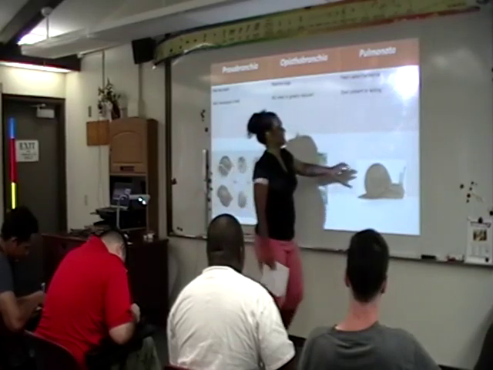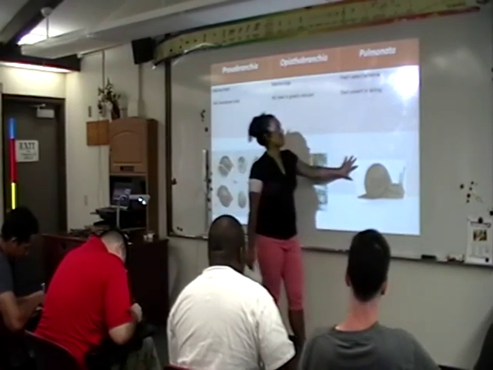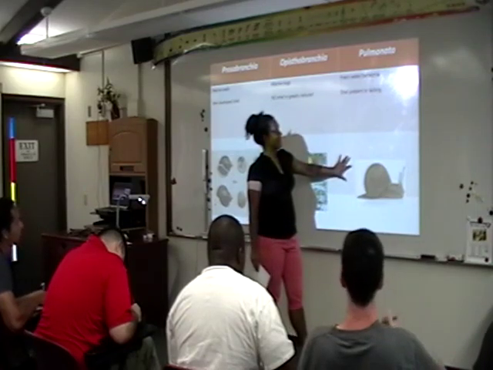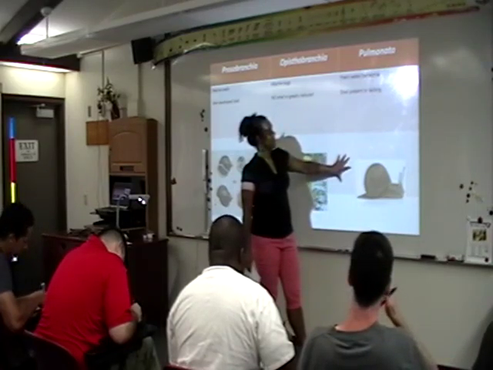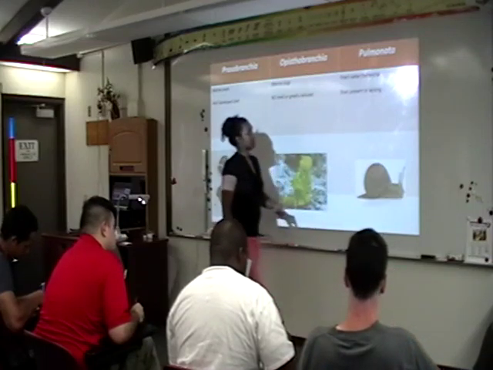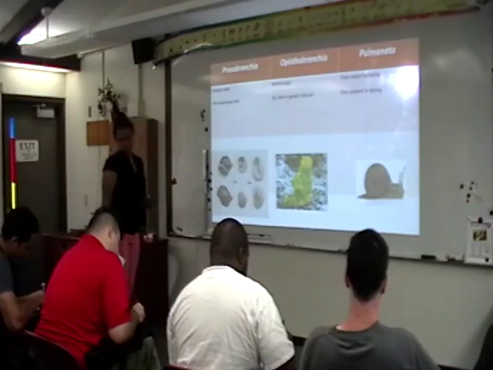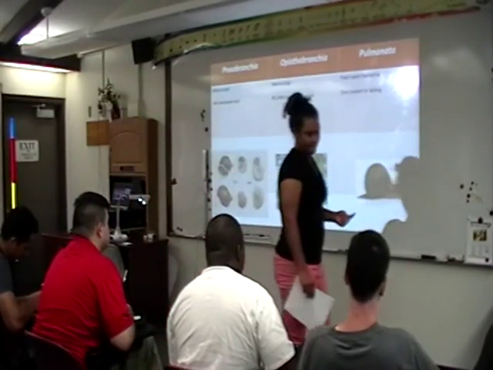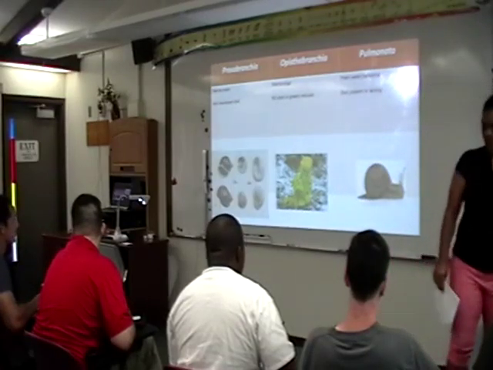Alright, all eyes on the board. And this is board equals paper because you have to see. How about freshwater, terrestrial? Pulmonata. Shell there or not? Sure, it's there, but it's not.